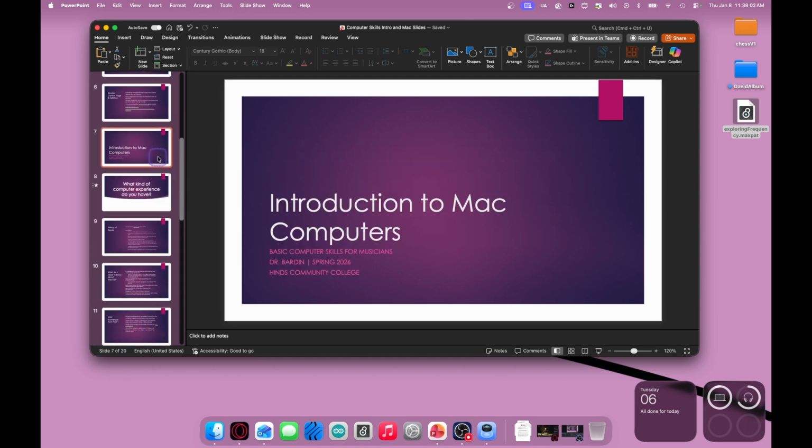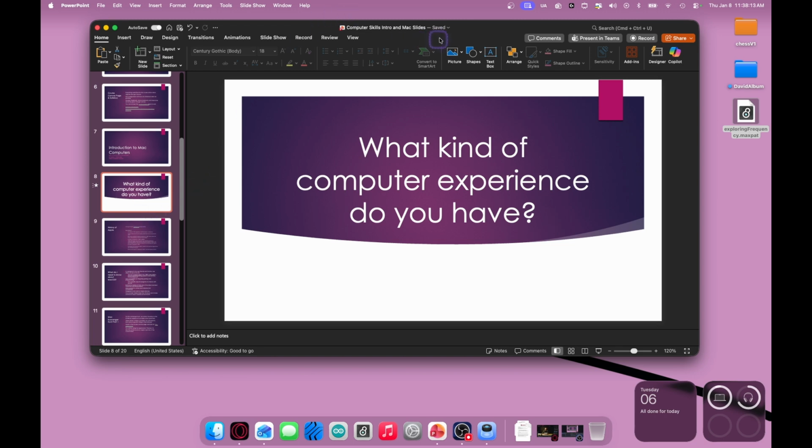So let's actually get into the part that everyone really would care about, and that is the introduction to Mac computers. The first thing I want to ask all of my current enrolled students is what kind of computer experience do you have? I tailor this based off of what the students already know coming into the course.